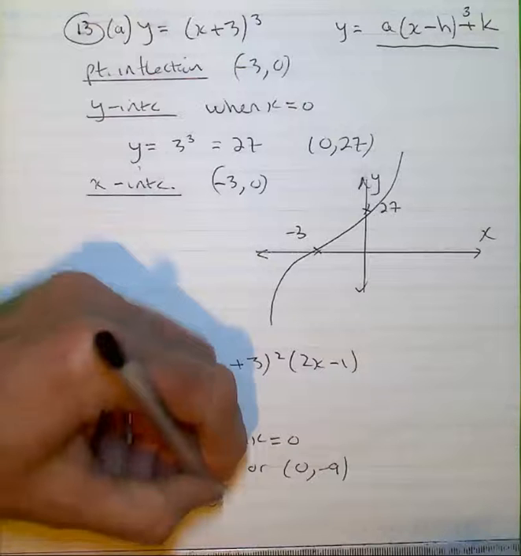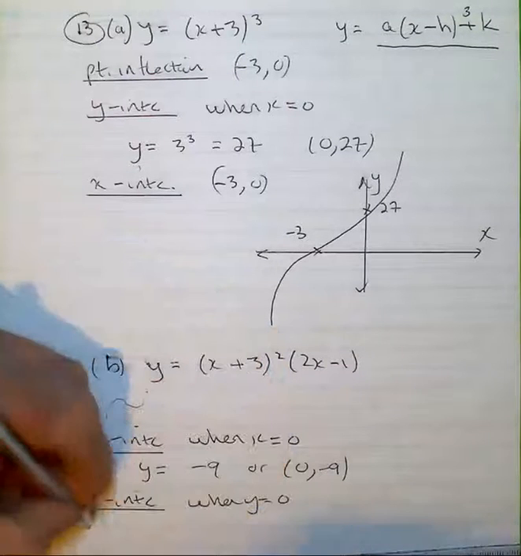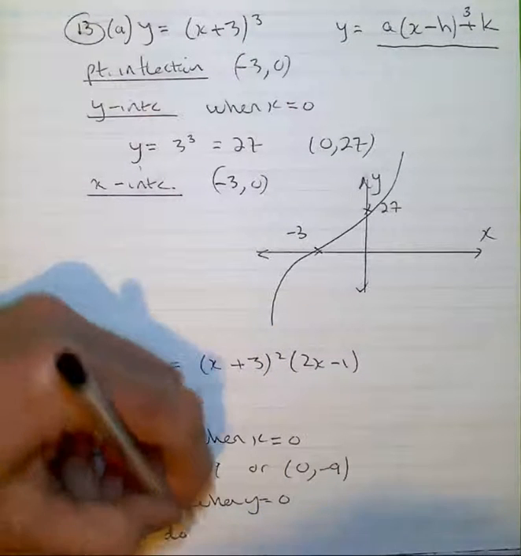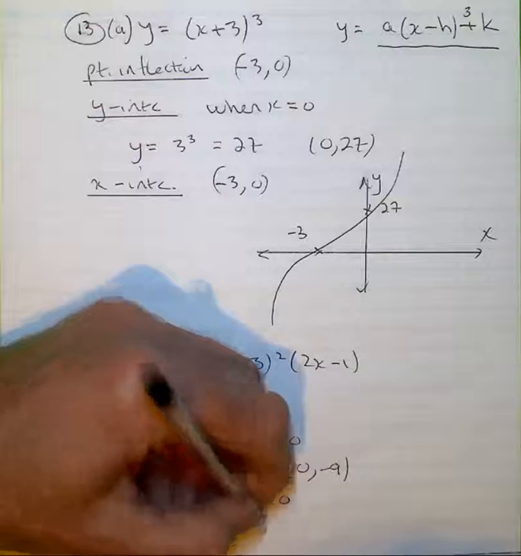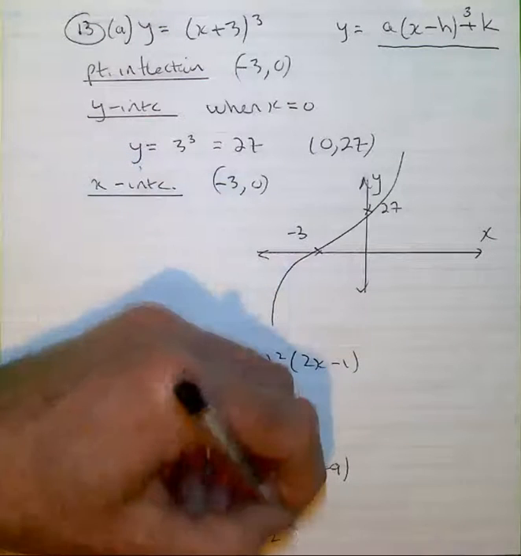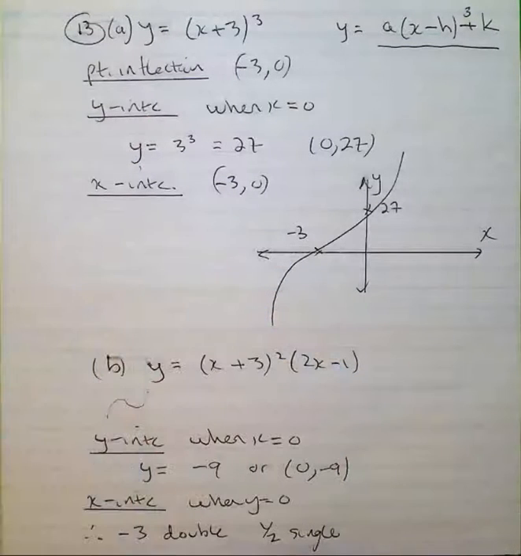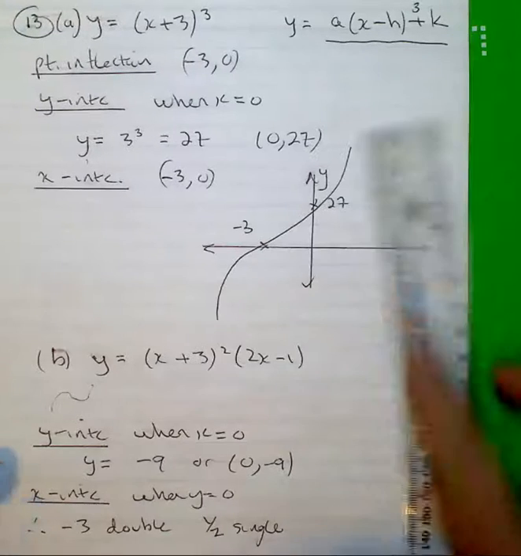X-intercepts occur when y is equal to 0. -3 as a double and +1/2 as a single. Now, I've pretty much got everything I require in order to sketch the graph for that.